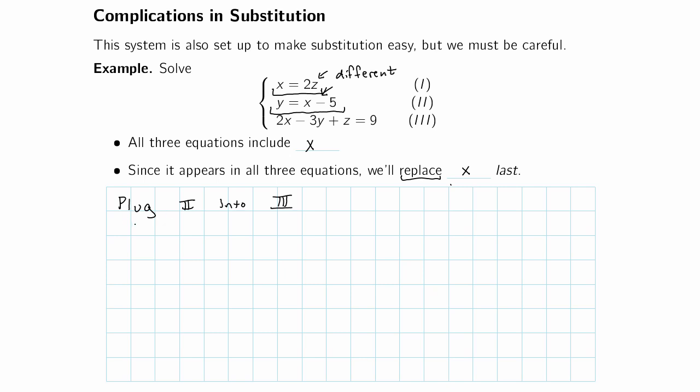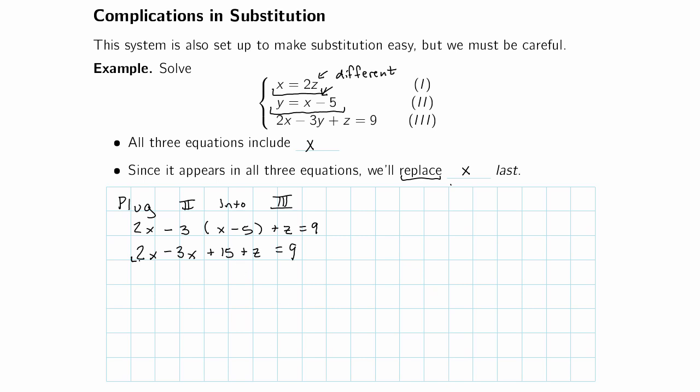That'll give us 2x minus 3y, where y is equal to x minus 5, plus z equals 9. So I'm going to go ahead and simplify this because it'll make my future life easier. 2x minus 3x plus 15 plus z equals 9.